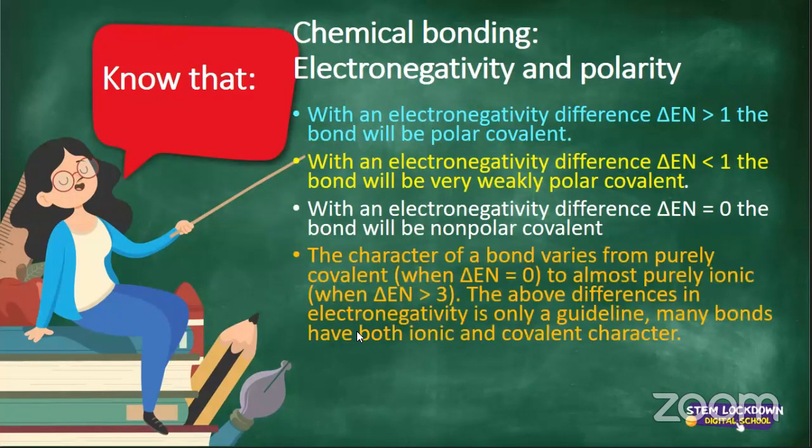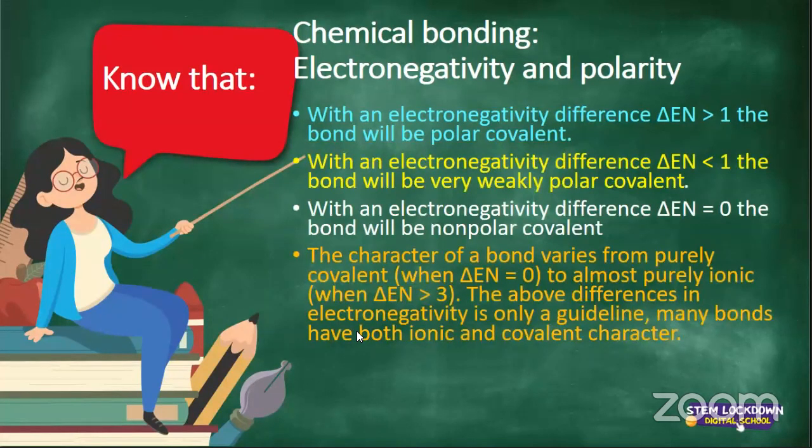The character of a bond varies from purely covalent to purely ionic. A pure covalent bond will have an electronegativity difference of 0, and ionic can be even greater than 3. So they will differ from one molecule to the other.